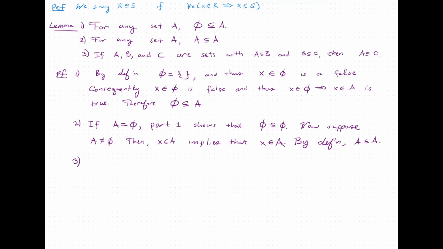So lastly, let's look at 3. If A, B, and C are sets, so if A is a subset of B, and B is a subset of C, then A is a subset of C. Once again, we want to eliminate the case when A is an empty set. If A is equal to the empty set, then the empty set is a subset of C, and so we are done with this situation.